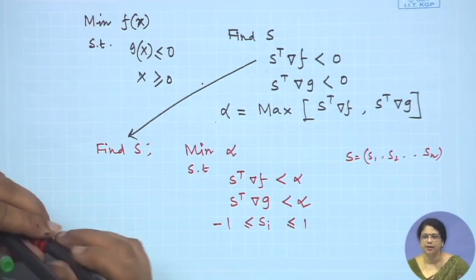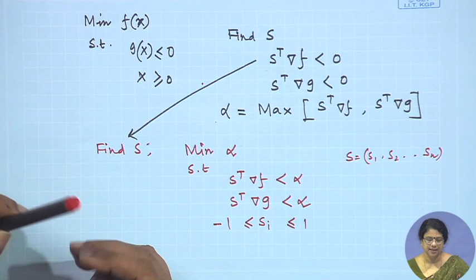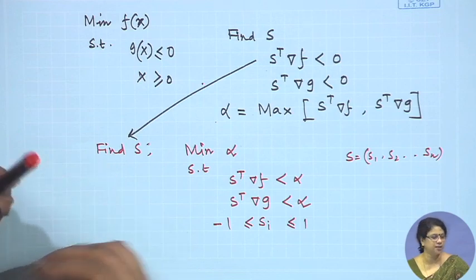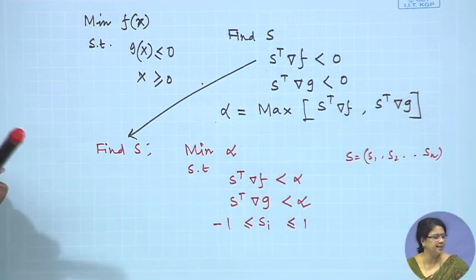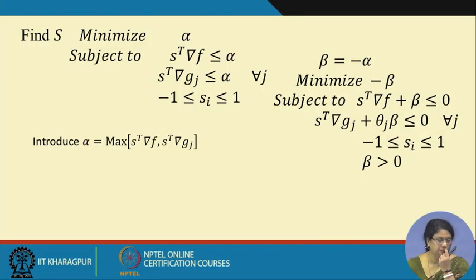Okay. That is the given condition for us. That is why we can redefine the problem this way: minimize alpha subject to Si between minus 1 and 1.